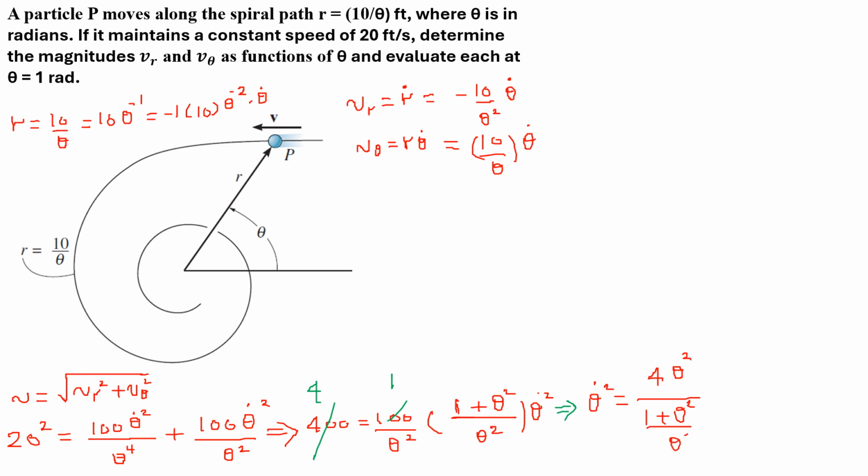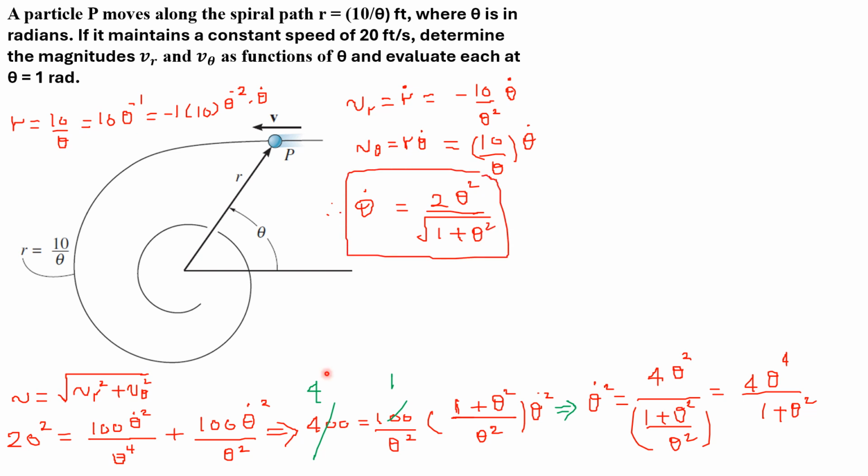Now from here, theta dot would be simply, we take the square root of this fraction, 2 theta square over the square root of 1 plus theta square.